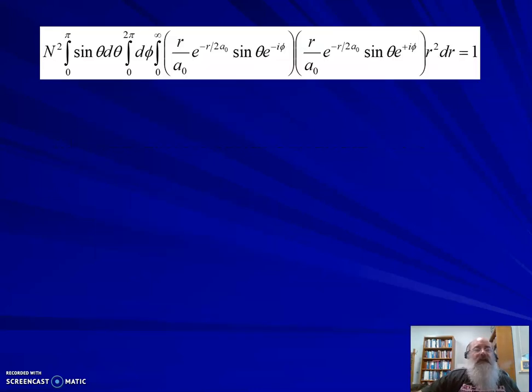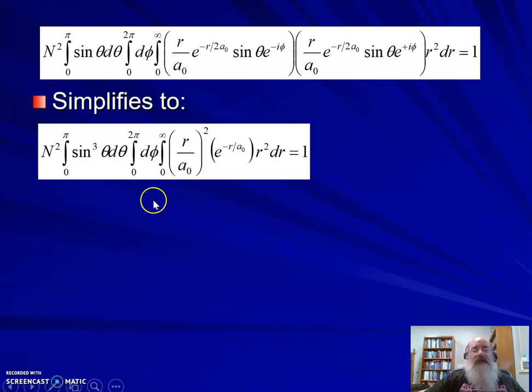So let's go ahead and take a look at that. Here's what we had on the previous slide. If we move this sine and this sine out to here, we get sine cubed. Since this is the complex conjugate of this, the only thing that's different is negative i and positive i, because complex conjugate means changing all of the i's to negative i. If we multiply e to the negative i phi times e to the positive i phi, we're adding the exponents. i phi minus i phi is 0, e to the 0 is 1.